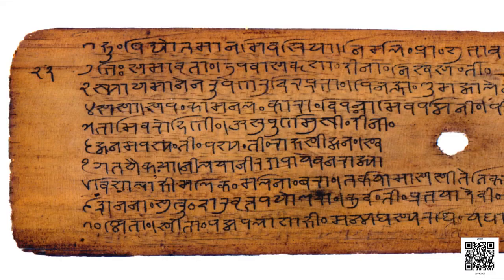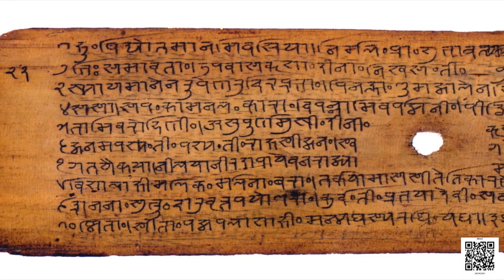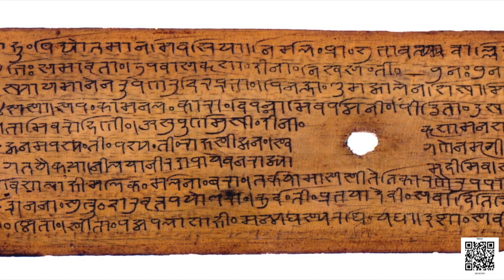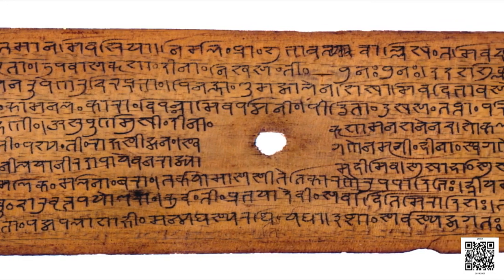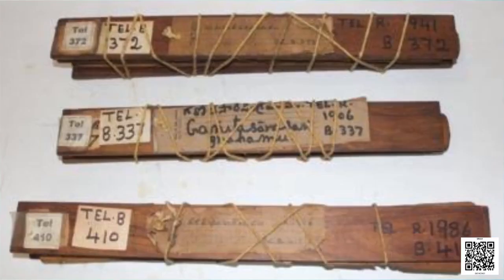These were usually written on palm leaf or on the specially prepared bark of a tree known as the birch, which grows in the Himalayas. Over the years, many manuscripts were eaten away by insects. Some were destroyed, but many have survived, often preserved in temples and monasteries.